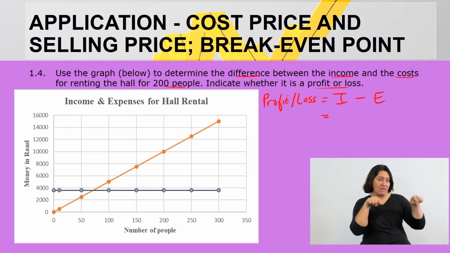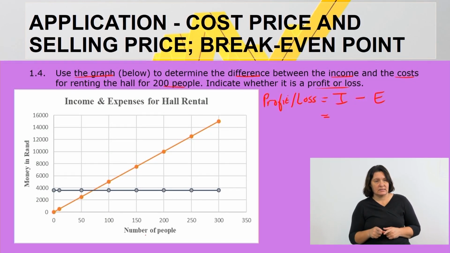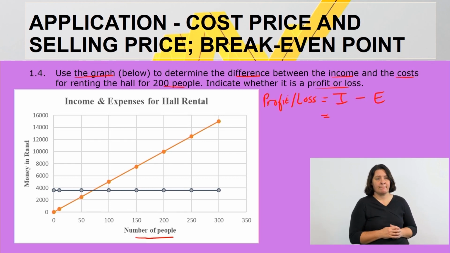So looking at this graph, it says very specifically, use the graph now. Okay, remember we can use calculation as well, but we must use the graph this time around. First thing, we must invite 200 people, or we're going to entertain 200 people. Number of people on my independent axis here, x-axis, let's find 200. So there's 200, right? Now I'm looking at my income first.